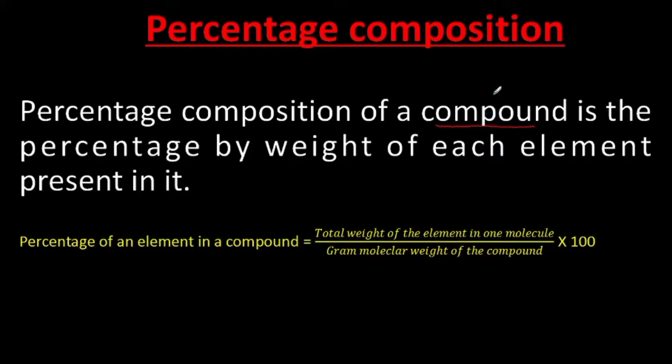For example, if I take sulfuric acid, that is H2SO4. So what is the ratio of atoms present in this compound? It contains three elements, that is hydrogen, sulfur and oxygen, which are present in the ratio of 2 atoms of hydrogen to 1 atom of sulfur to 4 atoms of oxygen.